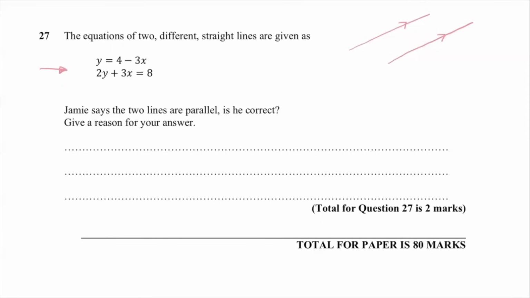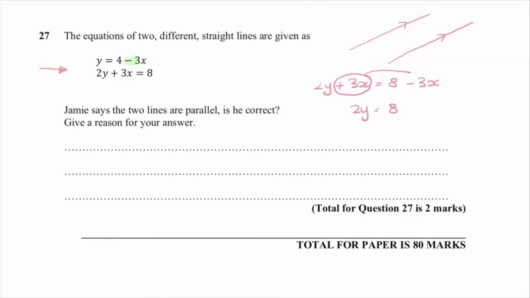We can see in the first that we have got a -3 gradient. The gradient always sits in front of the x. But this one has a +3, and it's not in the same form where it says y equals and then everything's on this side. So if we take the 2y plus 3x and we just move that across, that's going to leave the y's on the other side.